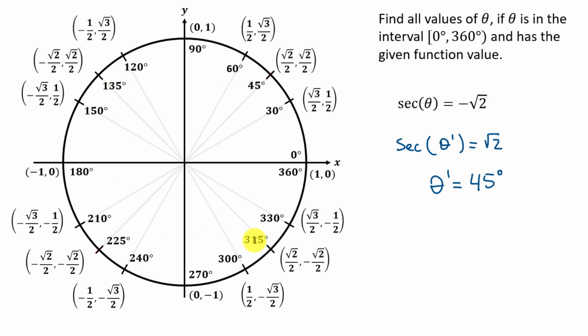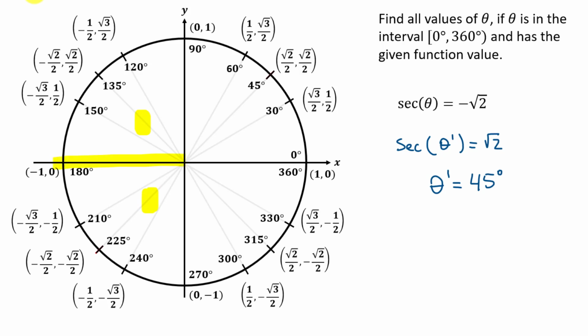But there is still one piece of information that I haven't used. And that is the fact that the secant value for my angle or angles is negative. That means that I only need to focus on the quadrants in which secant is negative. So we know that secant is the reciprocal of cosine, and cosine corresponds to x. And x values are negative in quadrants 2 and 3.